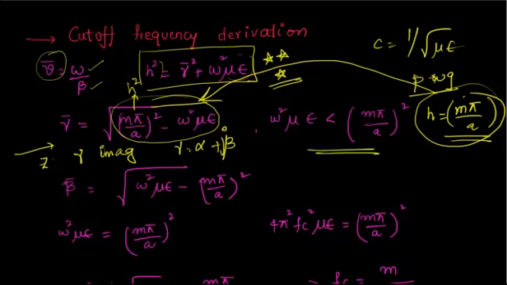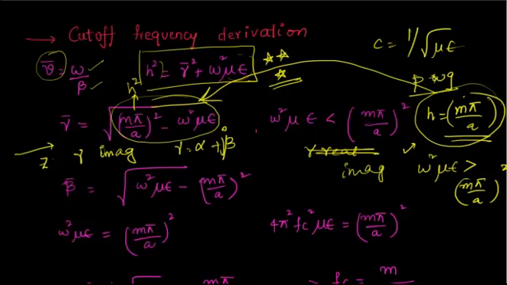But this condition is where gamma is real, and we want gamma imaginary. So omega square mu epsilon should be greater than m pi by a whole square. According to this condition, only the imaginary part exists, that is j into beta. This will also be j into this part, so j cancels and we get this.